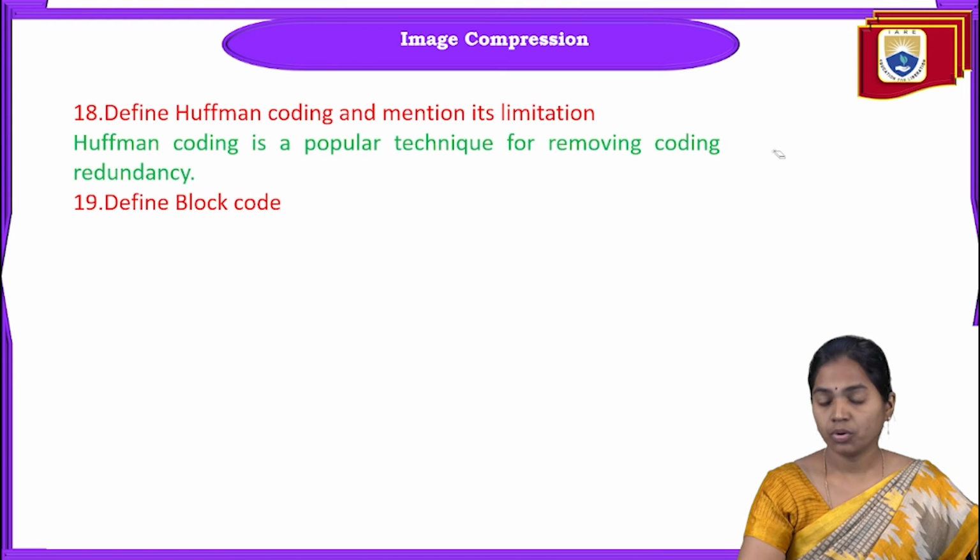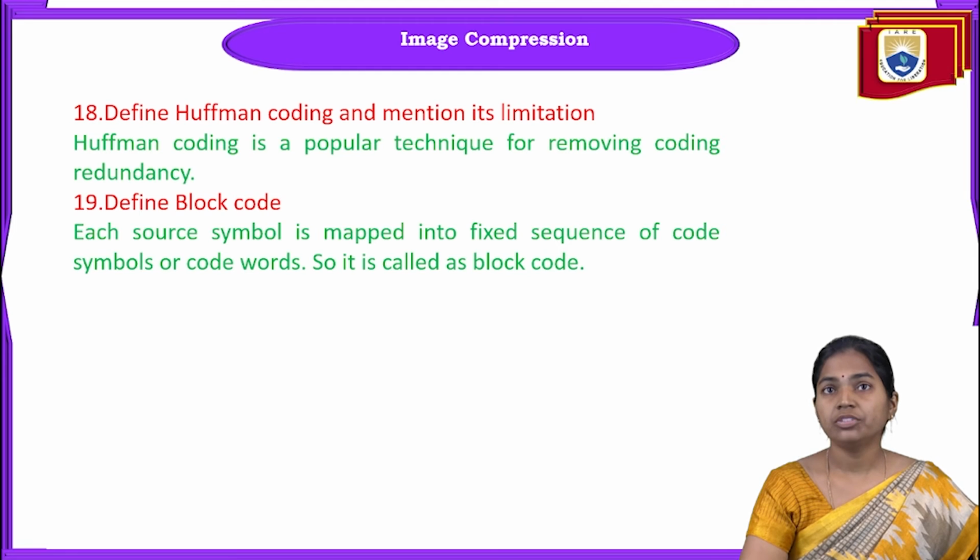Define block code. Each source symbol is mapped into a fixed sequence of code symbols or code word, so it is called a block code. For example, if the symbol is 1, the code word in 3 bits is 001. If it is 2 bits, it is 01.